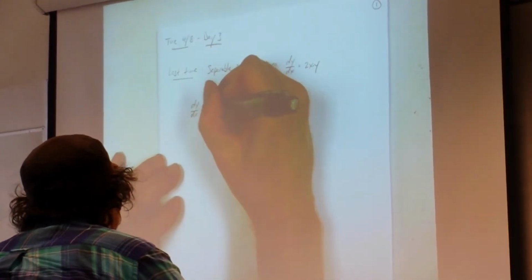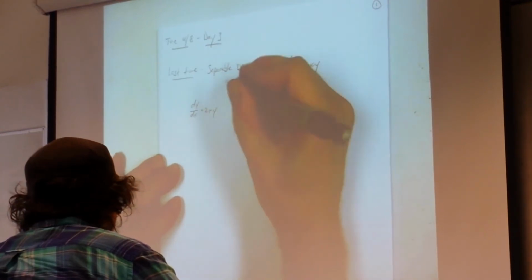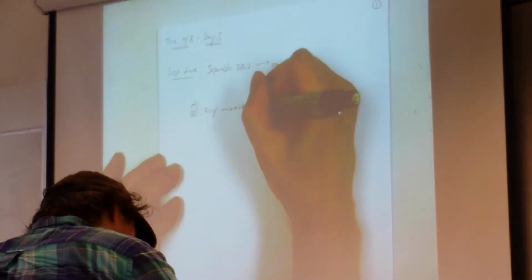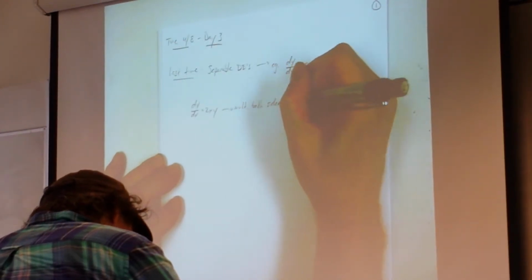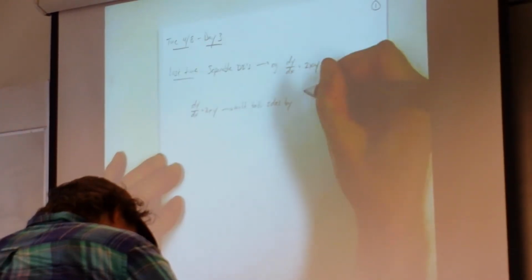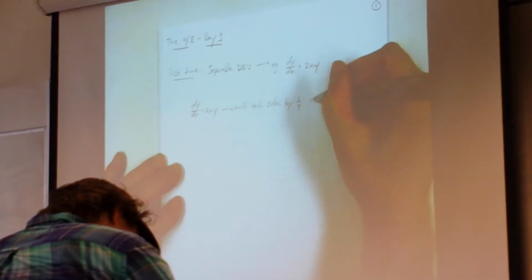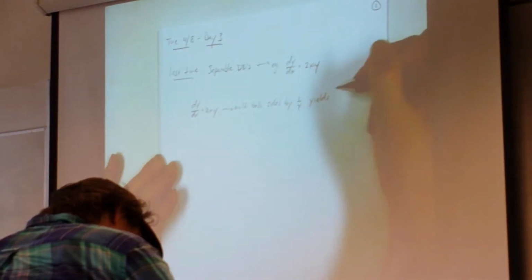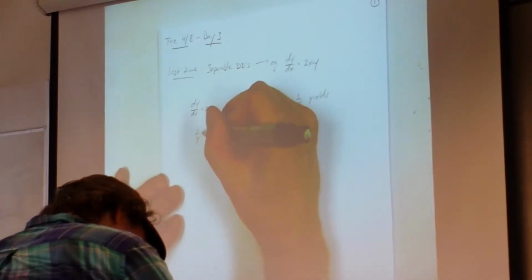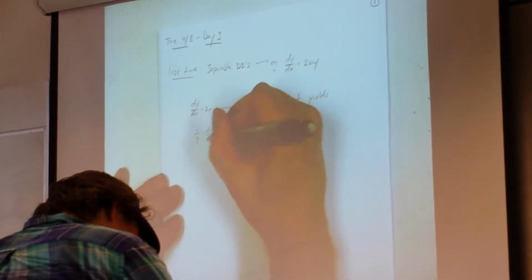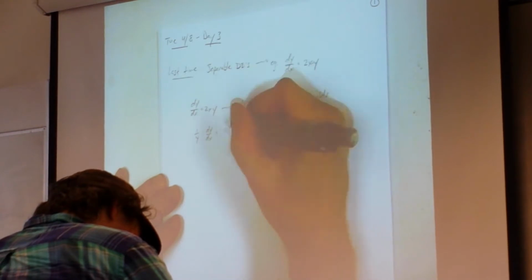So if we have this, 2xy, and we multiply both sides by 1 over y, it yields the following. On the left, we'd have 1 over y times dy/dx equals 2x.